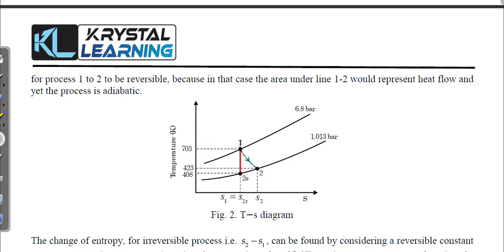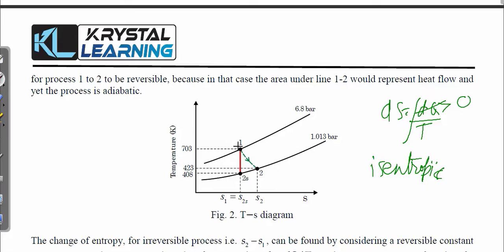From 1 to 2s, this red line we assume is reversible and adiabatic. For a reversible and adiabatic process, dS equal to dQ by T becomes 0, because dQ becomes 0 for adiabatic and it is also reversible. So this equation is valid, entropy won't change, and it is known as an isentropic process.